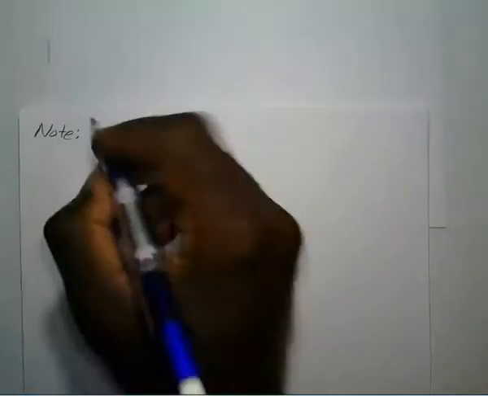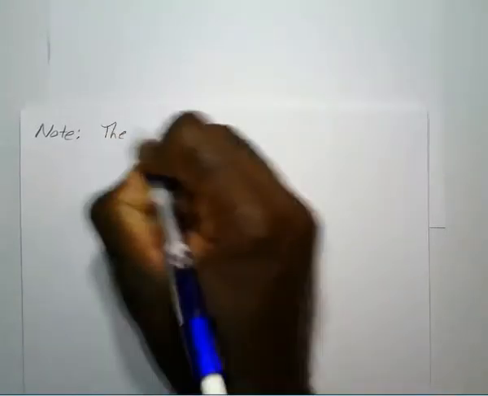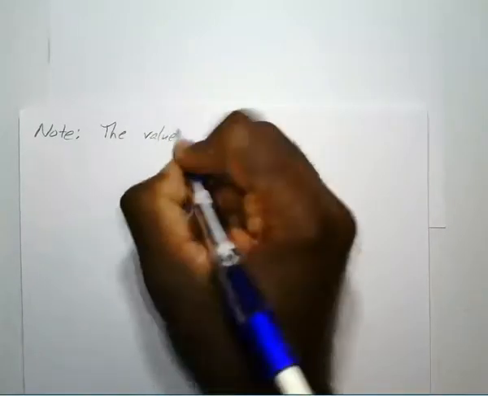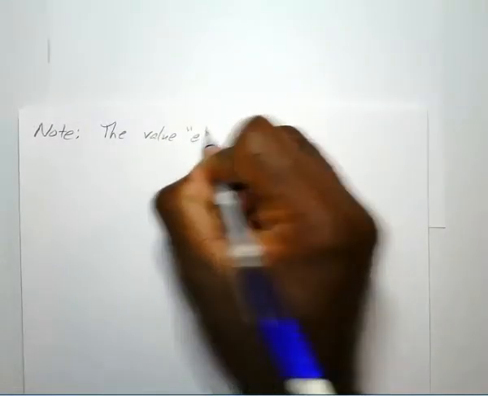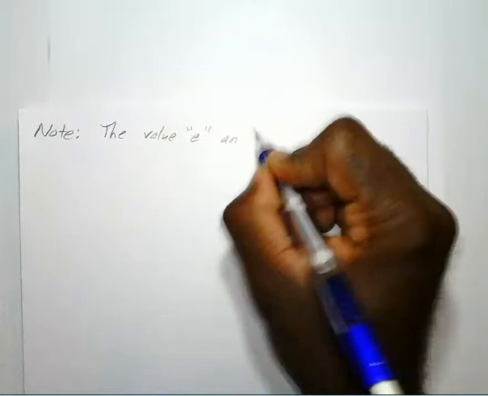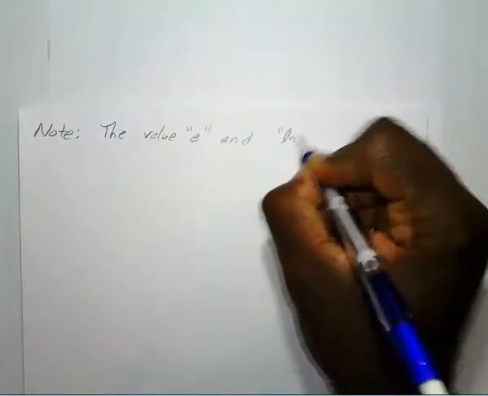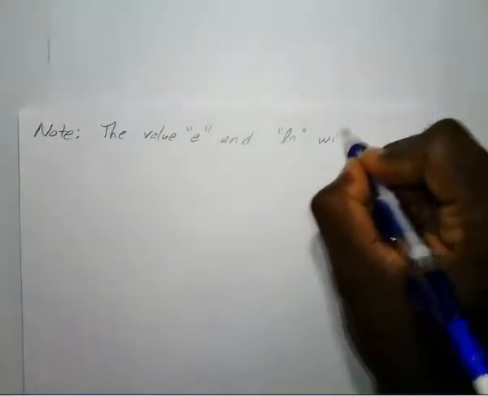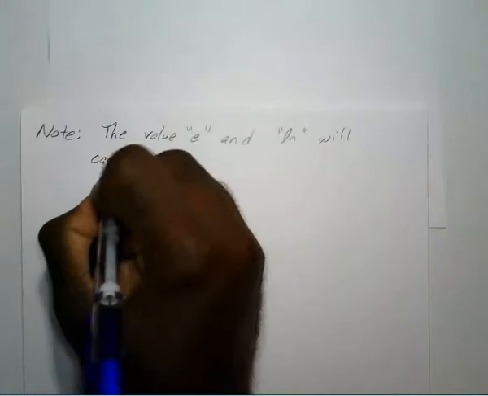Okay. Now, one thing you will want to note that comes in very, very handy: the value e and natural log will cancel each other out.